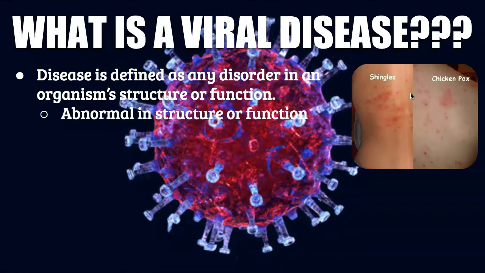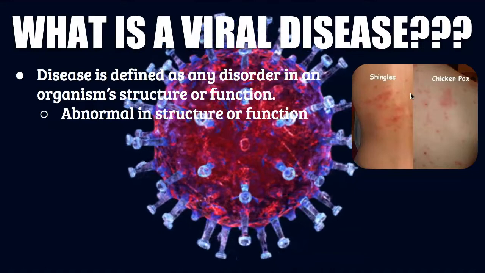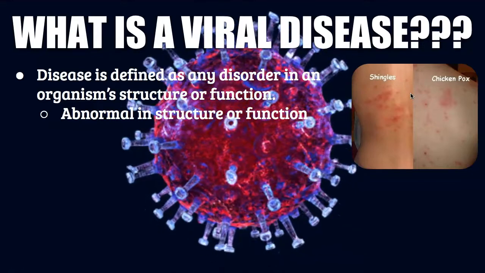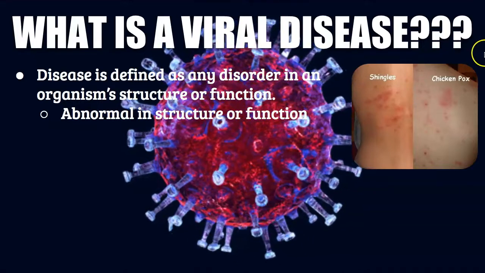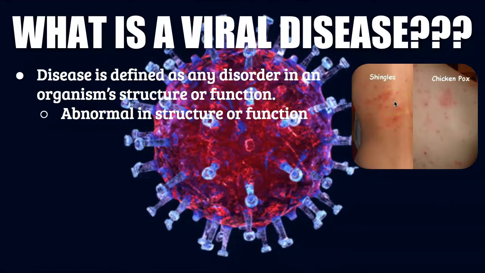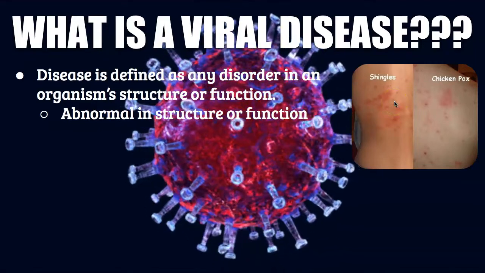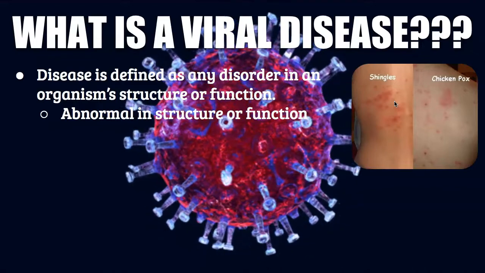What I mean by that is it's going to be abnormal in the structure or function. In other words, when we are seeing these different things happening, like let's say chickenpox here or shingles, right? Your body should not normally break out in a rash. And so because something's happening to the body that doesn't normally happen, it's called a disease.